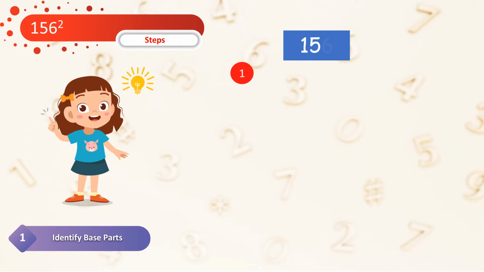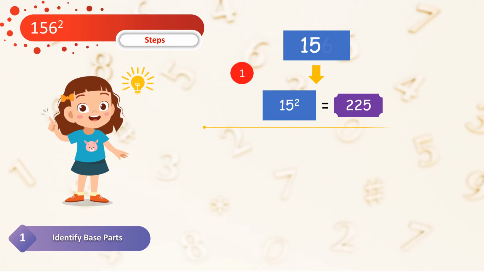All you have to do is find the square of 15. Using our episode 1, the square of 15 is 225. So we will be using this number in our next step. For now, understand that you have to use 225 as your driving number to get the square of 156. So that's part 1 of this step.